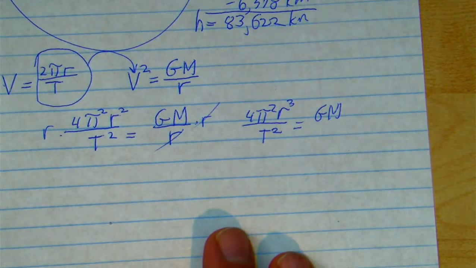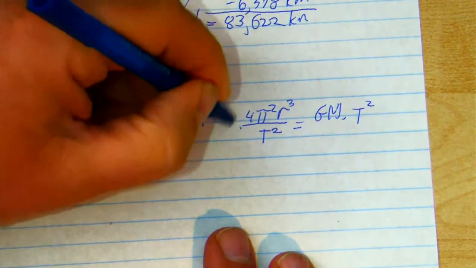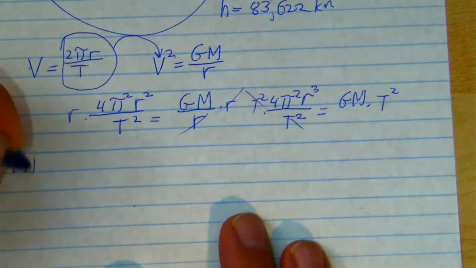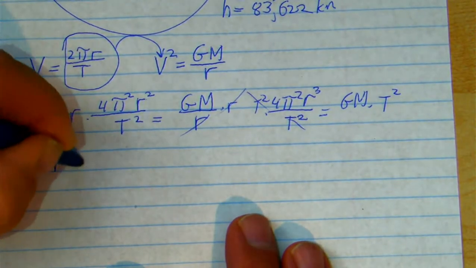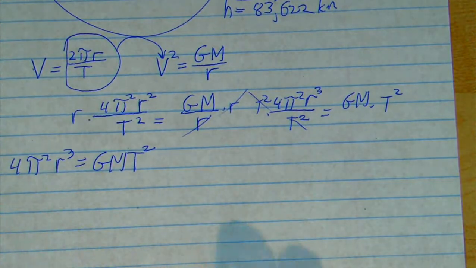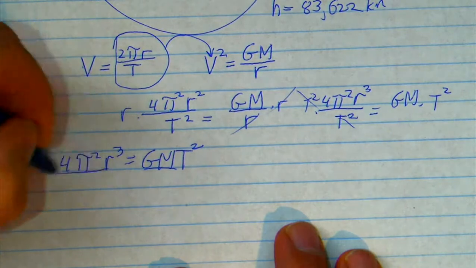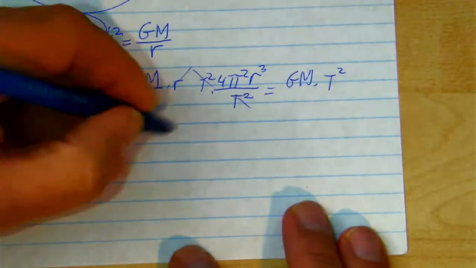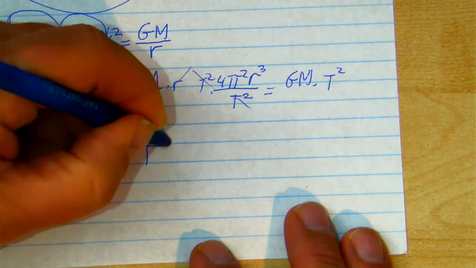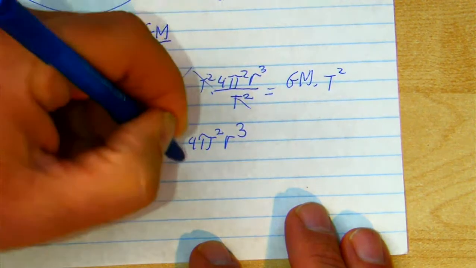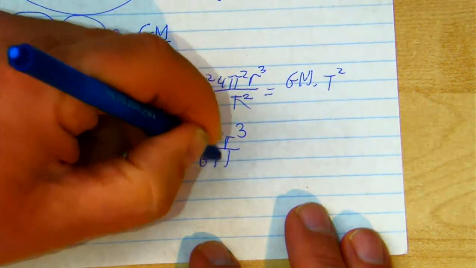Next, I'm going to multiply both sides by t squared. So now I have 4 pi squared r cubed equals g m t squared. Next, I'm going to divide both sides by g m. So at last, I have t squared equals 4 pi squared r cubed divided by g divided by m.